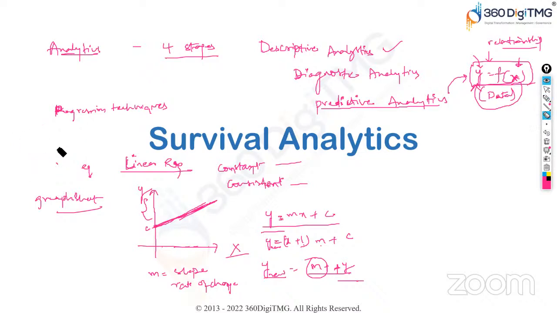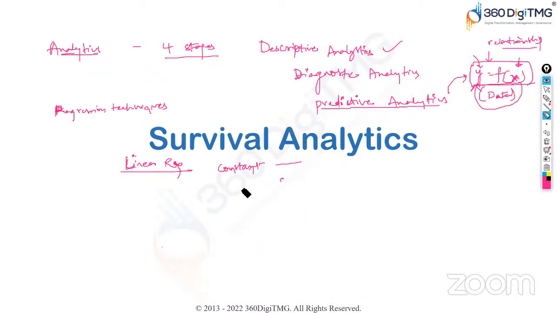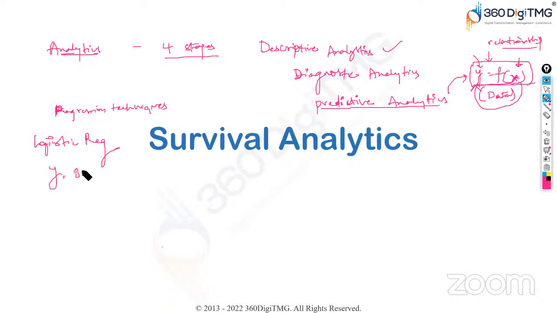So let me erase this, and post this linear regression concept, we discussed logistic regression, which is another variant of regression technique. And here we try to predict an output variable which is a binary case.